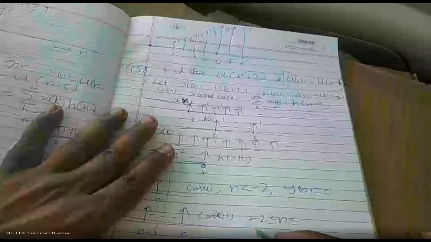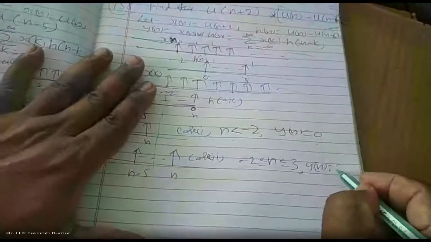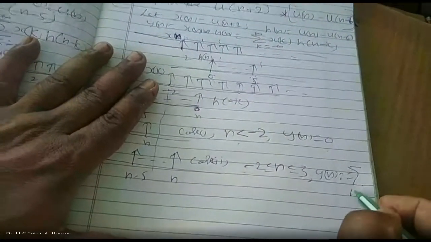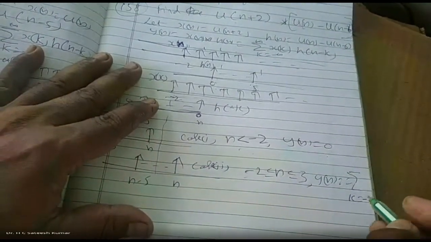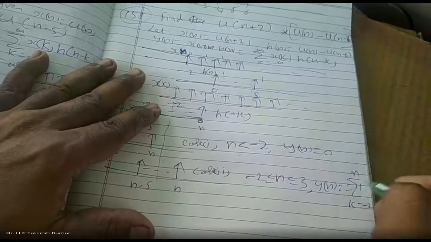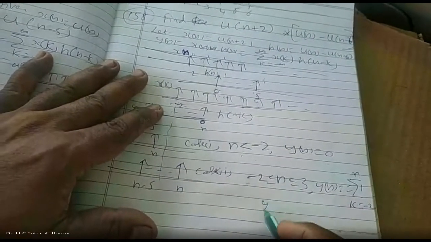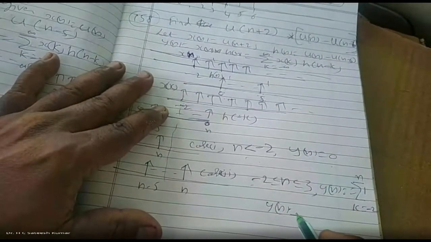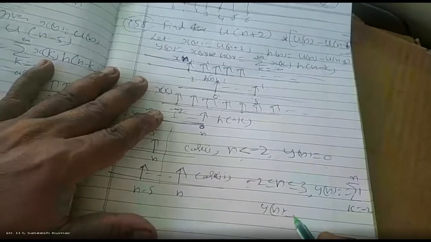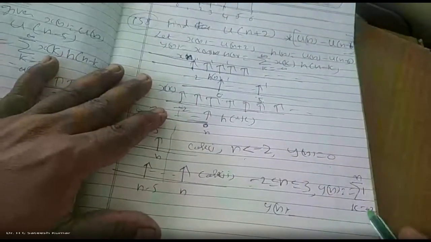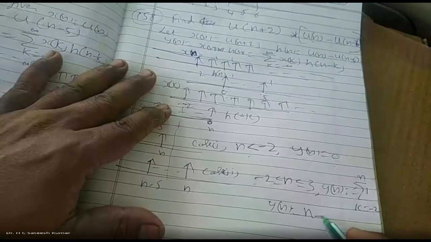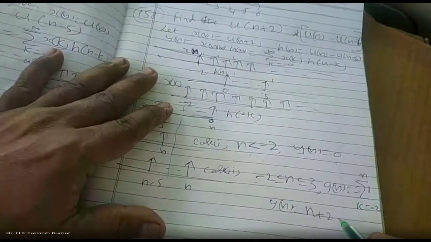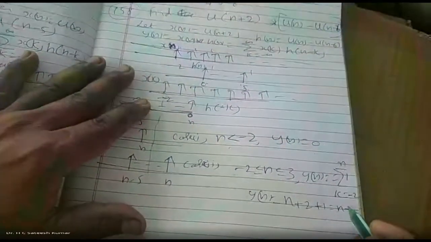For n lies between minus 2 to 3, y of n is equal to the summation, k varies from minus 2 to n, of 1, which is equal to n minus of minus 2 plus 2, n plus 2. b minus a plus 1 is nothing but n plus 3.